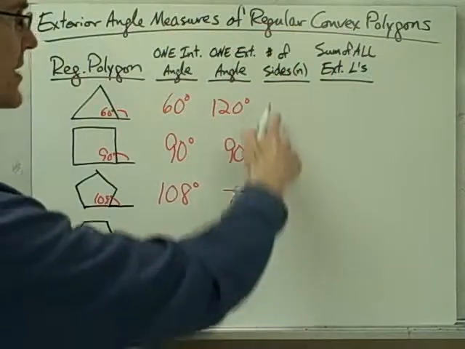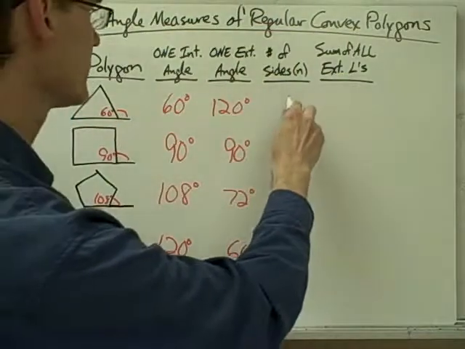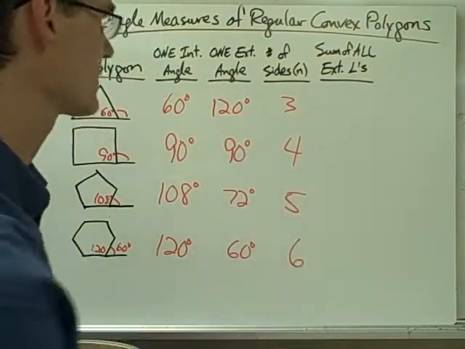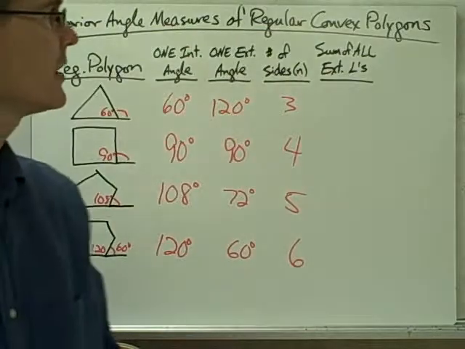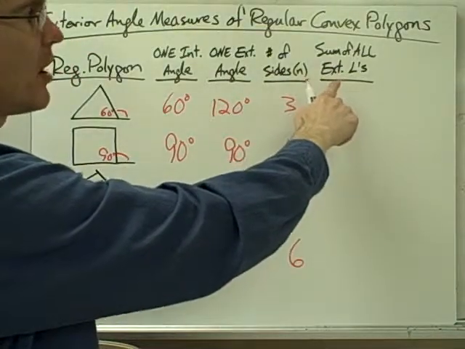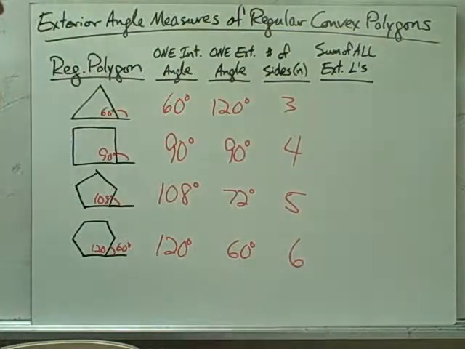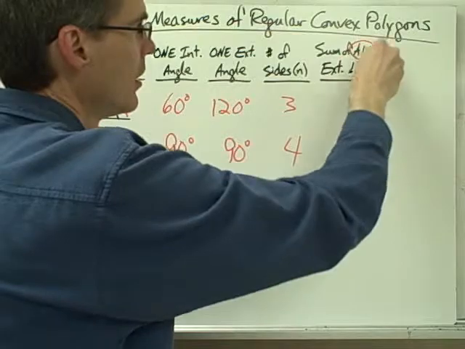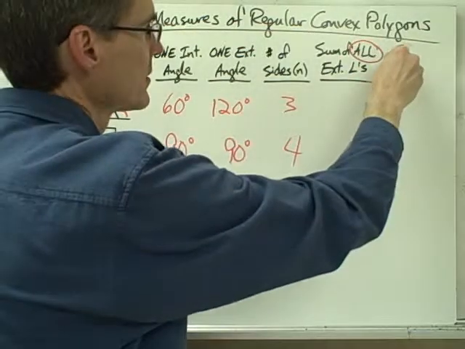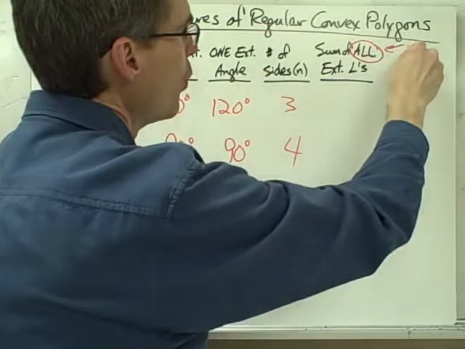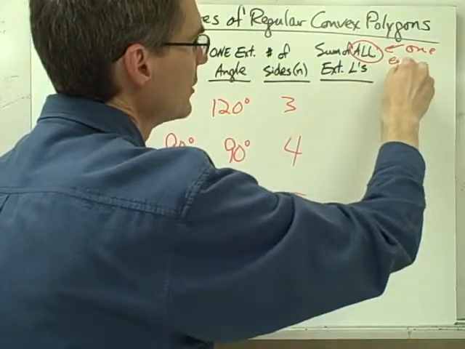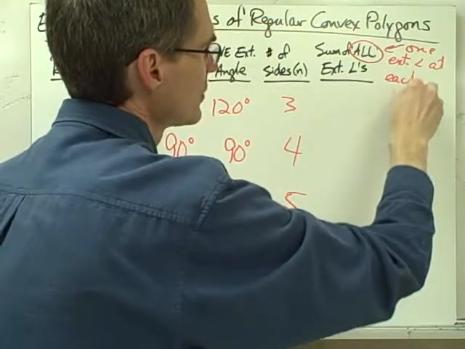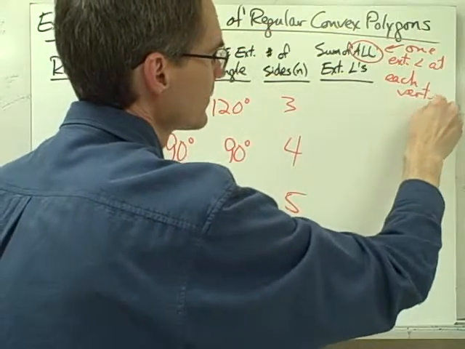Now, I already know the number of sides of each one of these regular polygons. 3 for a triangle, 4 for a quadrilateral, 5, and 6. Now, what I want to do here is talk about the sum of all of the exterior angles. And when I say all, what I mean specifically is one exterior angle at each vertex.